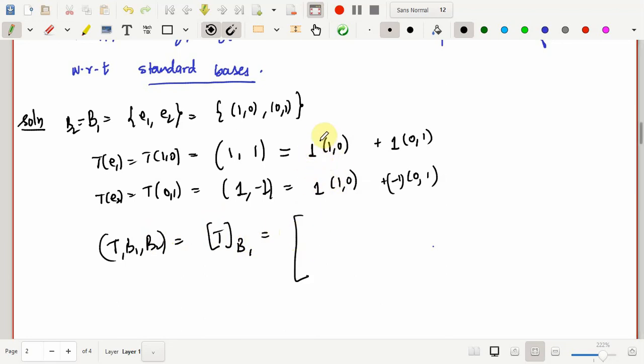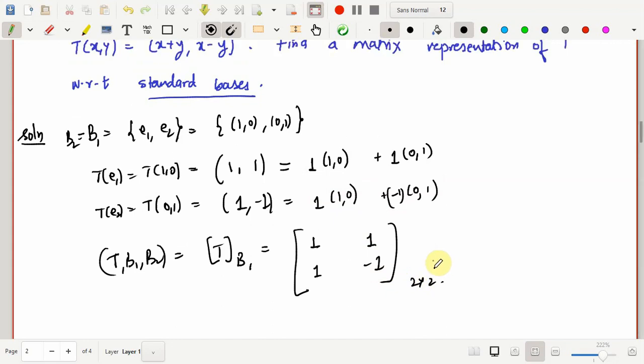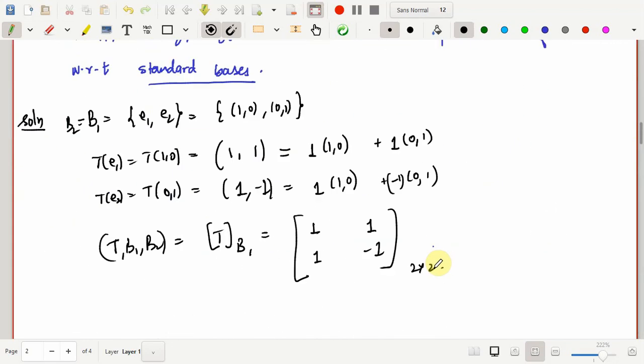The first column will be this 1 comma 1, the scalars in the first equation will appear as the first column, or vice versa. You can also write the first column as the first row, not a problem. This will appear as 1 comma minus 1 as the second column. So this is the required 2 cross 2 matrix. So that's how simple it is.